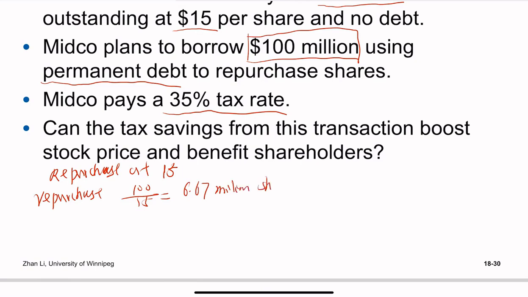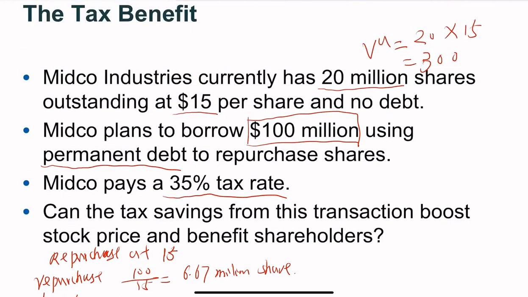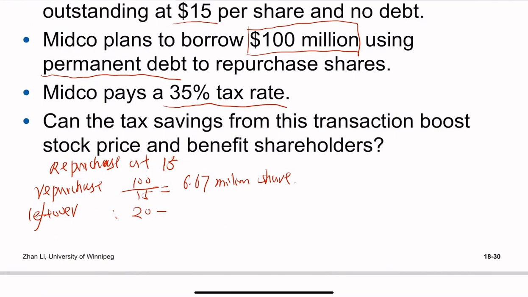So what is the leftover? There will be 20 million shares minus 6.67, which is 13.33 million shares left in the market.